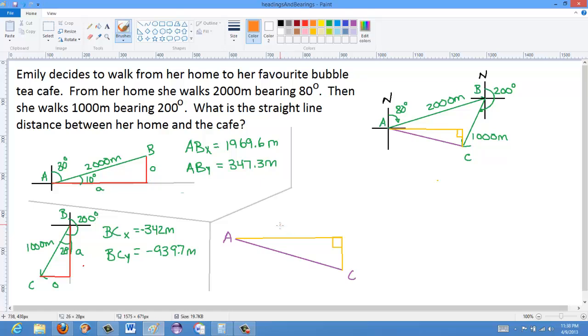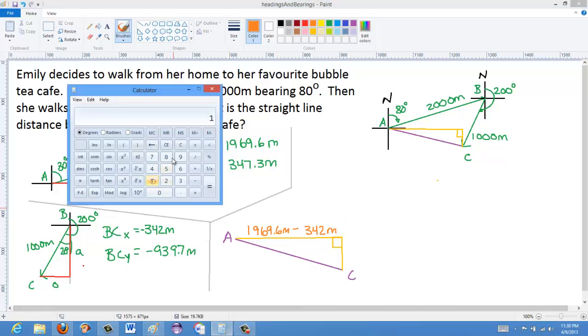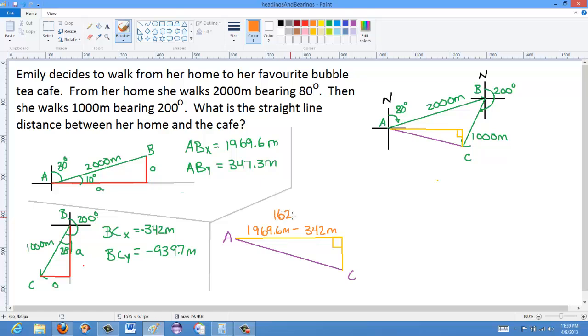So this distance from A across the horizontal would be 1,969.6 meters minus, because it came back, minus 342 meters. 1,969.6 minus 342 is 1,627.6 meters.